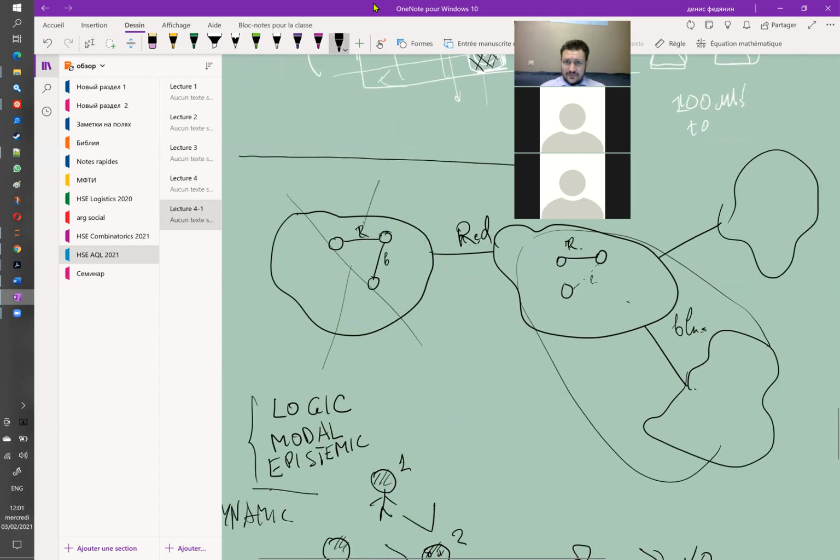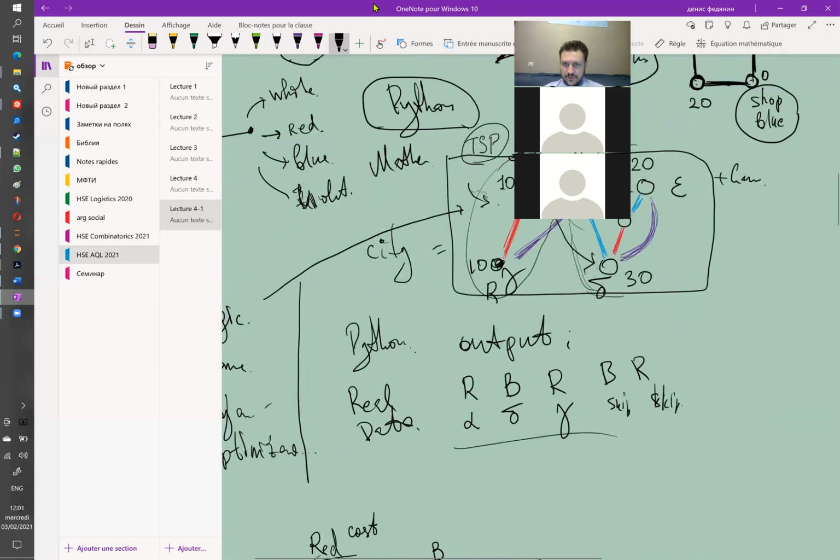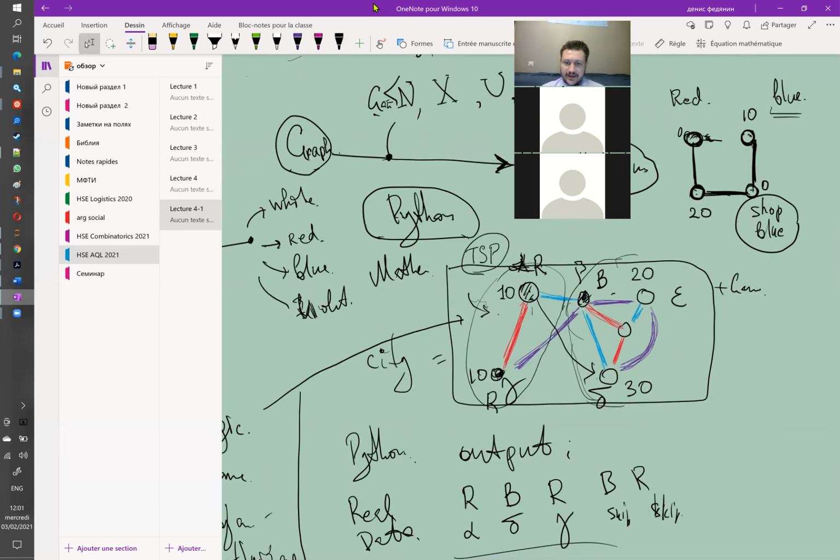But this illustration shows us how we can use such structures to work with alternatives and different situations. So when we have a network, like I had before, with a different coloring, it creates for us several possible worlds for agents.